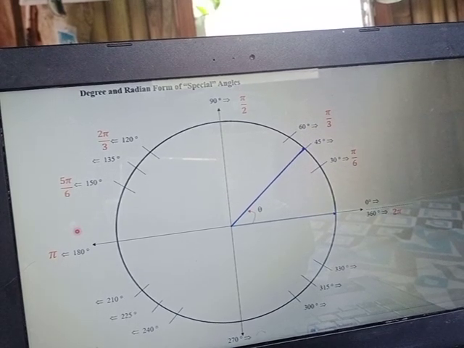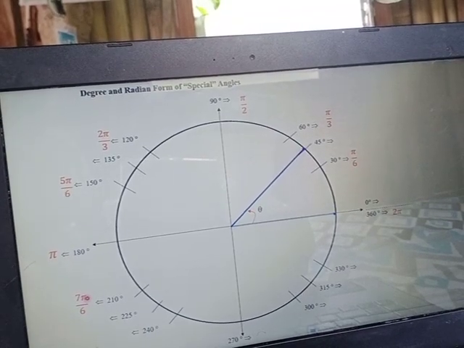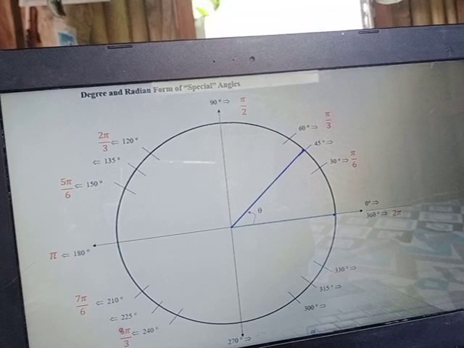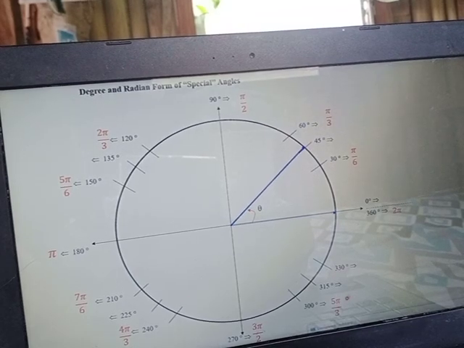Next, we have 7 over 6 for 210, 240 degrees, 8 over 6, or simplify, we divide by 2, we have 4 pi over 3, and then 9 over 6, or simply simplify, divide by 3, we have 3 pi over 2, then 10 pi over 6, simplify, we have 5 pi over 3 here.